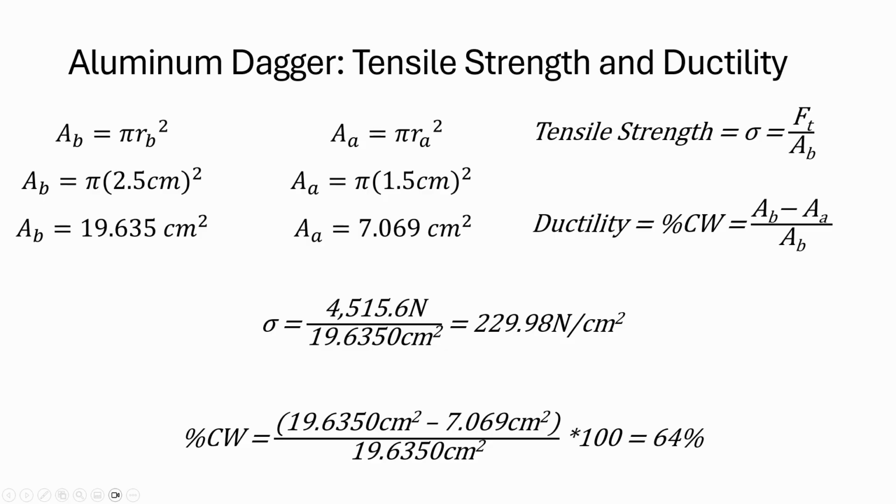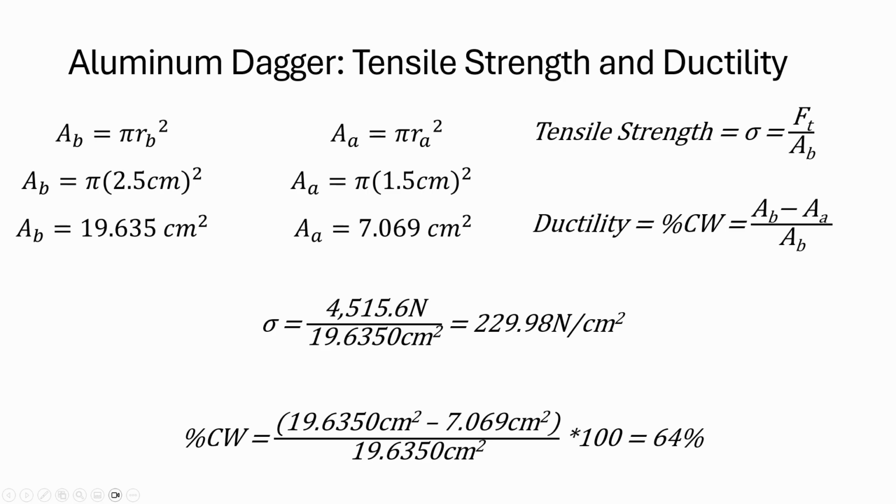To find the ductility, we first need to solve for the final cross-sectional area. We will use the same formula that we used to solve for the initial cross-sectional area, but we will use the new radius being 1.5 centimeters. We will do pi times 1.5 centimeters squared to get 7.069 centimeters squared.